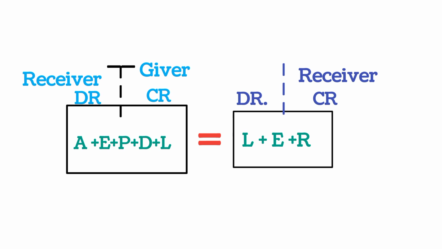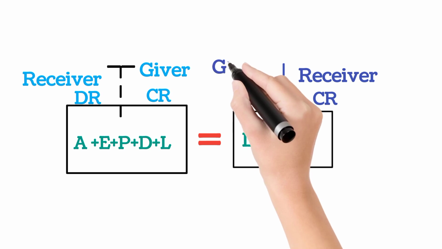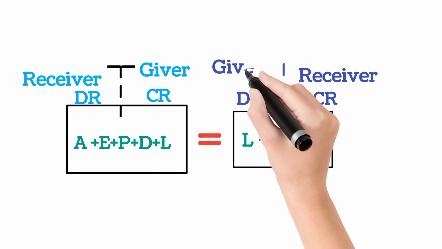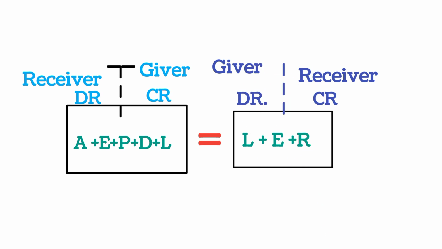Then in the second box, the receiver is on the credit side, and the giver in the second box is on the debit side.